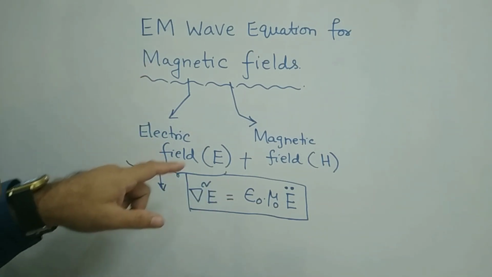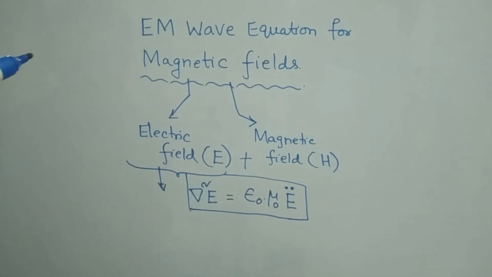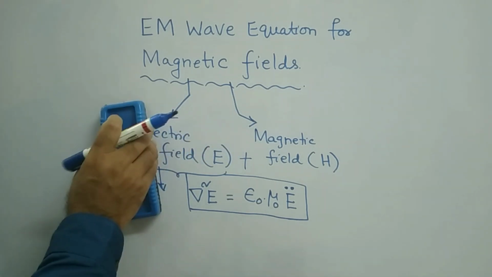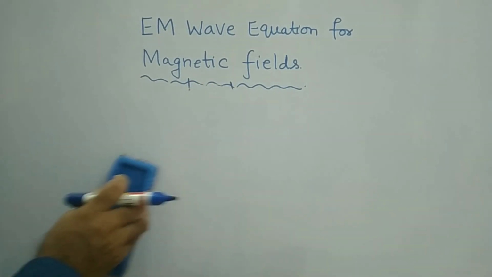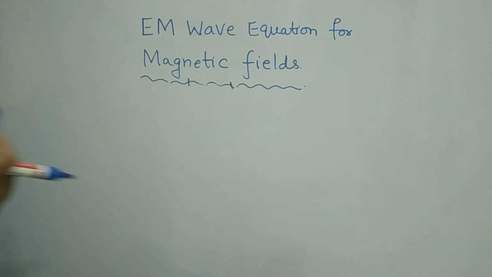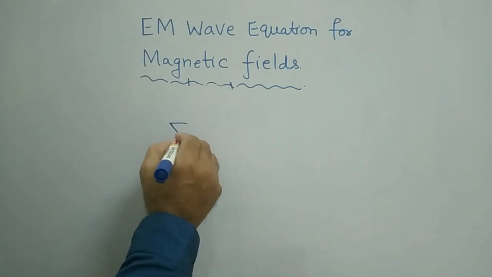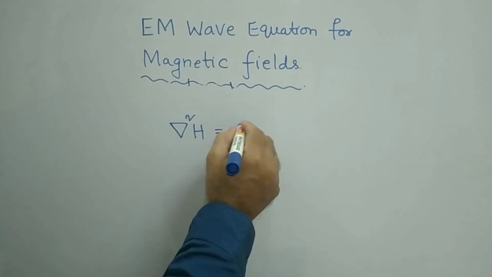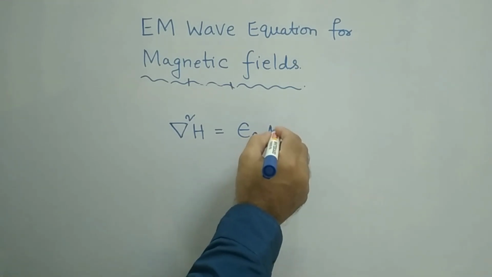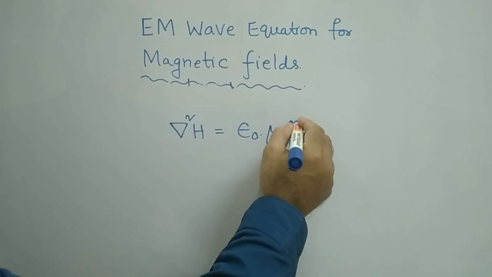In today's presentation, let us see the same expression for the magnetic field. What is the wave equation for the magnetic field? It is exactly similar to the electric field one. It can be written as del square H is equal to epsilon naught into mu naught into H double dot.